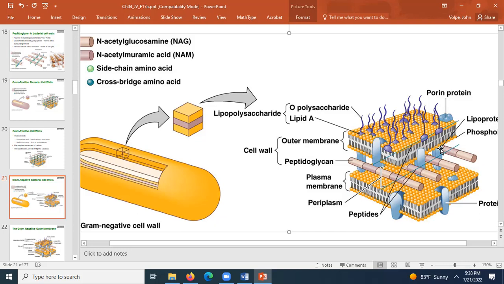The porin protein is specific though. It doesn't allow all molecules to move through it. And the only one we're going to talk about that the porin protein doesn't allow to move through is penicillin G. Penicillin G cannot get through the outer membrane of the cell wall, and it cannot move through the porin protein.